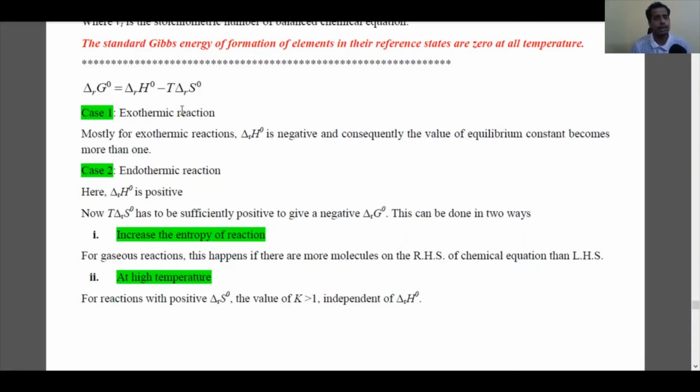For an exothermic reaction, it will inherently be more than 1, and the reaction will proceed towards product formation. The second case is when the entropy of the system increases as a result of the reaction; then the equilibrium constant will be more and the reaction will proceed towards product formation. The third case is at high temperature. At high temperature also the equilibrium will shift towards product formation.